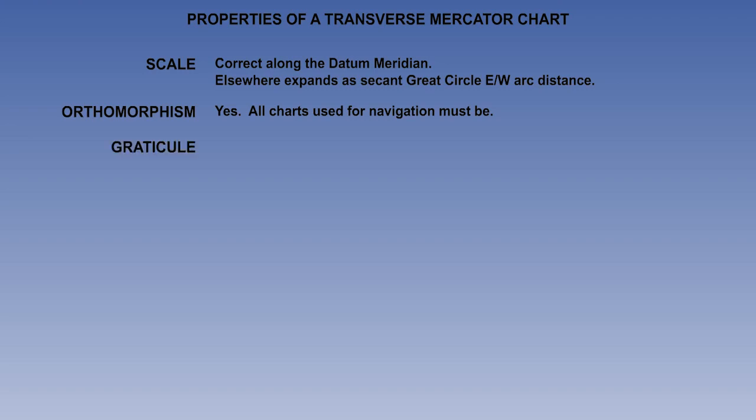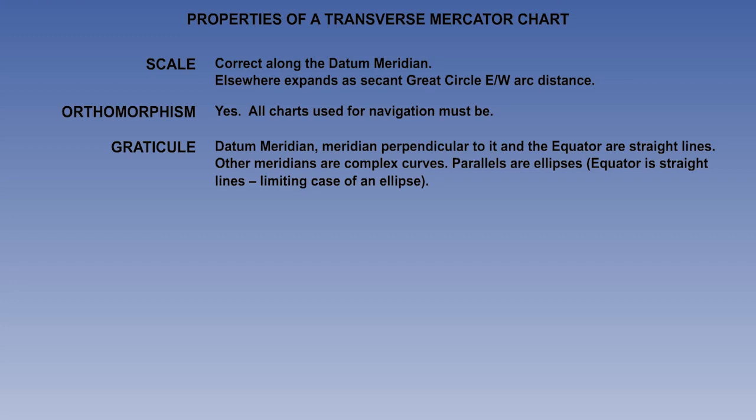The graticule is complex. The datum meridian, the meridian perpendicular to it, and the equator are straight lines. Other meridians are complex curves. Parallels of latitude are ellipses, except for the equator, which appears as two straight lines.